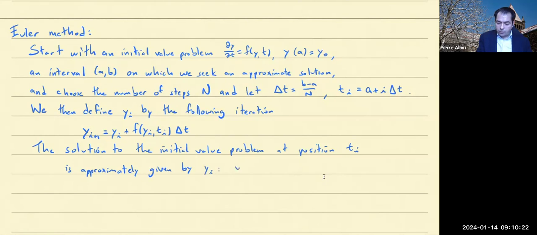So we write y of t sub i approximately y sub i plus, and here's our error, big O of delta t. The big O notation means an error of order delta t. What that means is that for delta t small, this error is bounded above by some constant times delta t. The order is just telling you how quickly something grows. So this says the error grows at most at speed delta t.